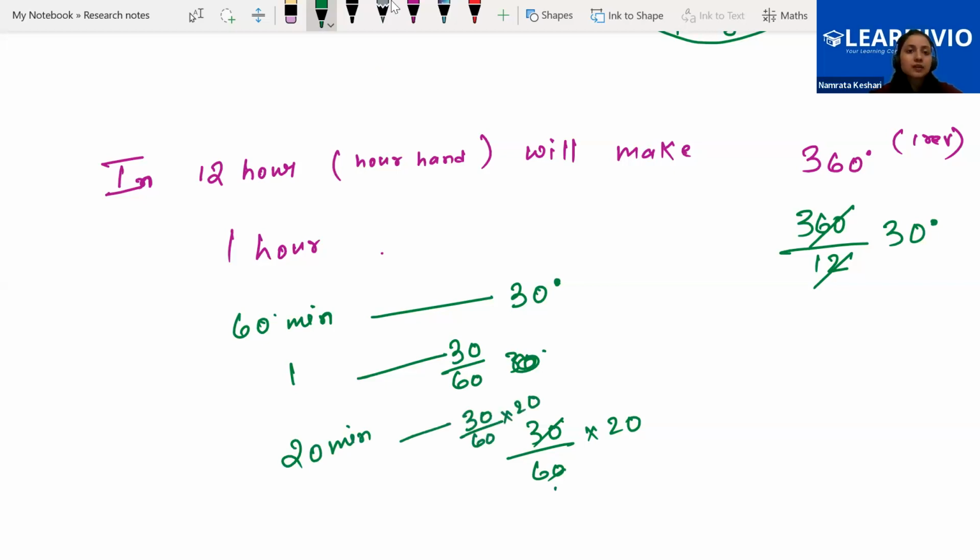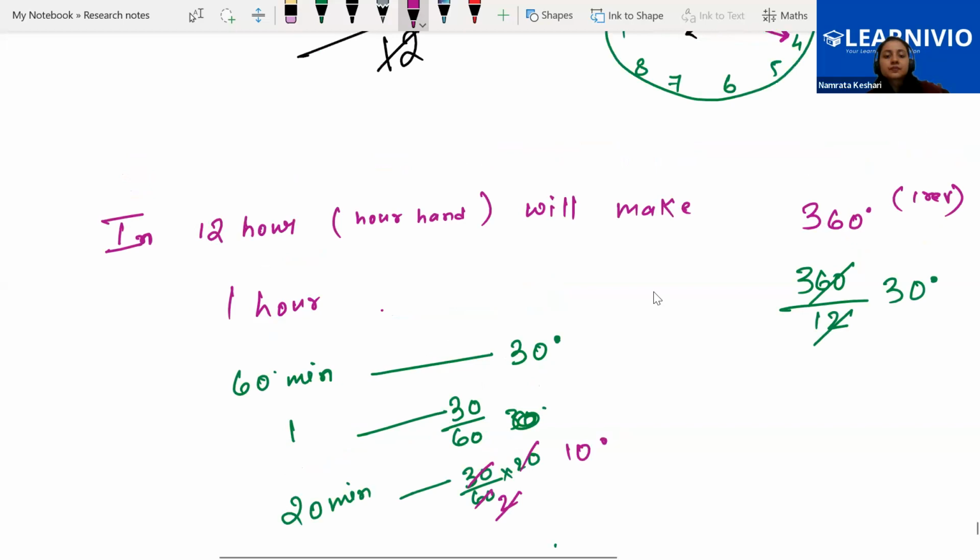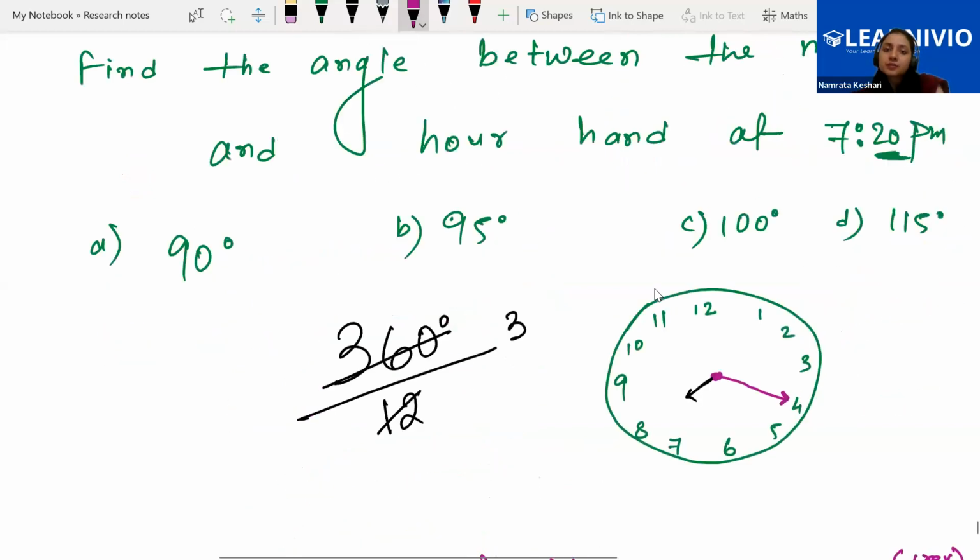Yeah, the same thing. Just a moment, let me just cancel them out and let me check. Yeah, it will make 10 degree extra.